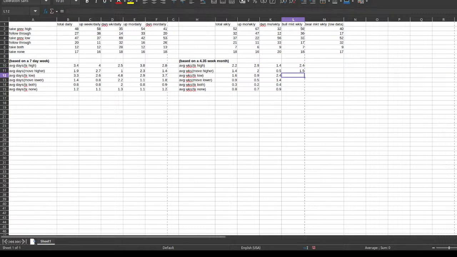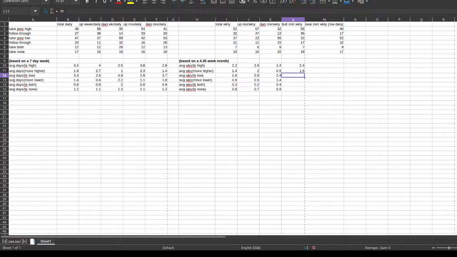Could call it 1.6. It's 1.56. But remember, I'm not comfortable rounding up those numbers. I want to give it a little bit of a buffer. You know what? It's not that bad. I'll call it 1.6. It's not that big of a deal.